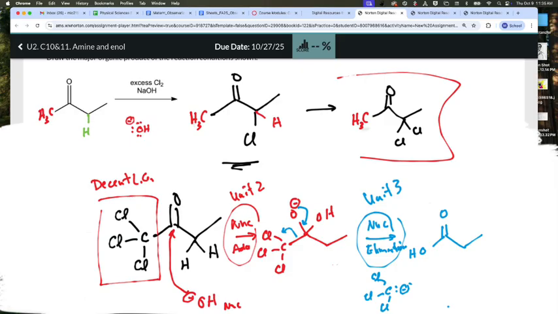So could it show up on the test? Yeah. Why? Because we've talked about it. We've now talked about it multiple times for this particular reaction. Would I expect you to do nucleophile eliminations that you haven't seen before? No, because we haven't talked about those.